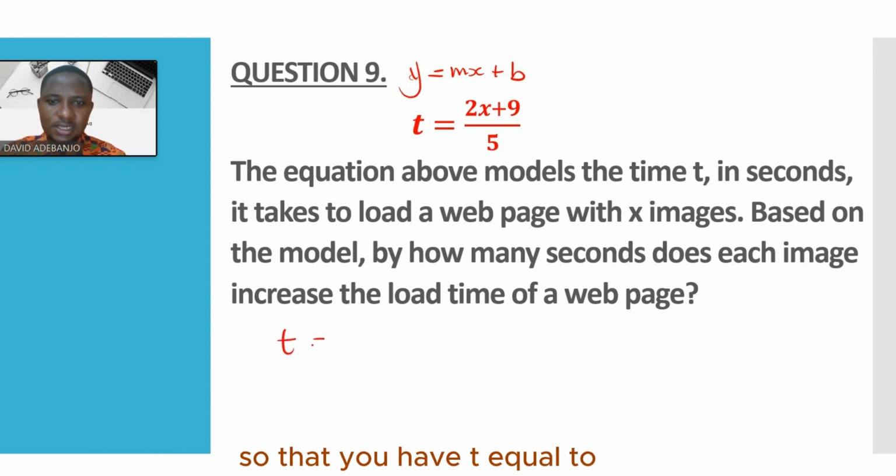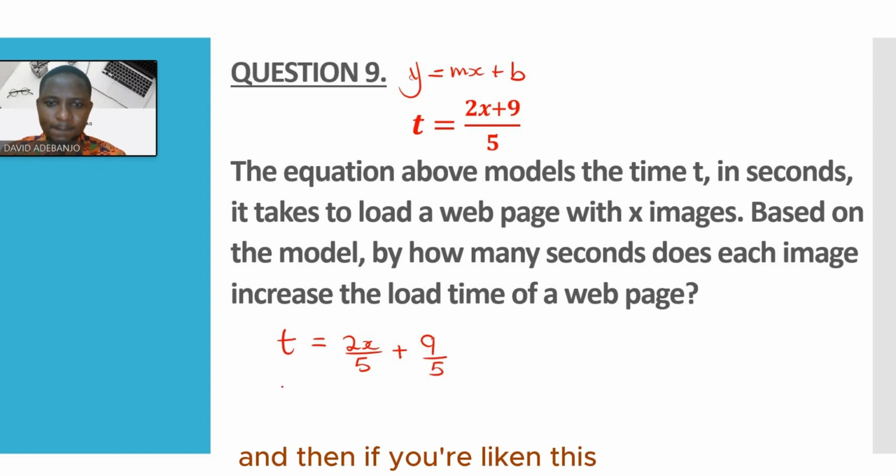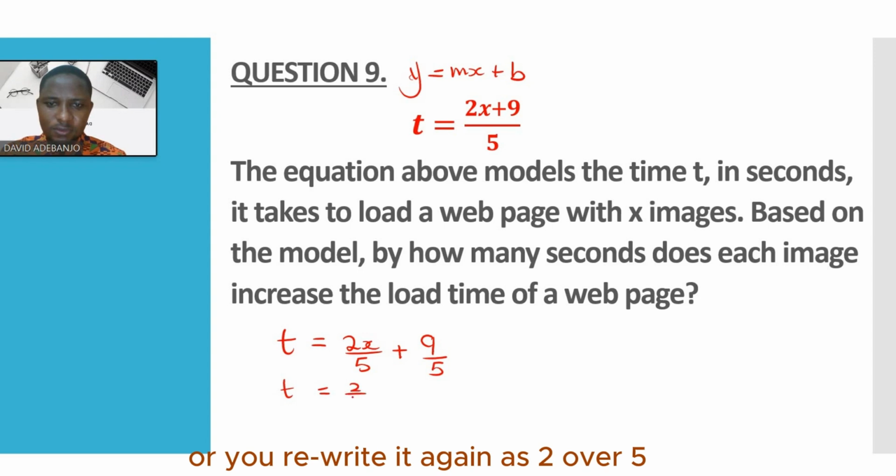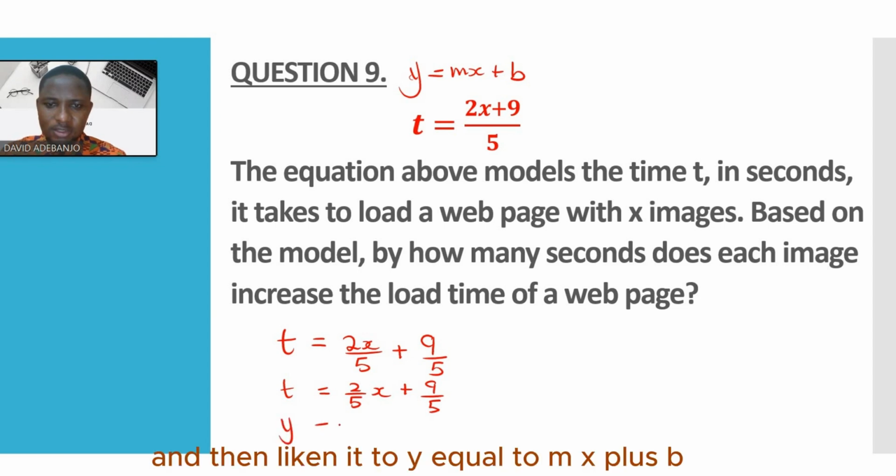So if you do just that, you can distribute this 5 over the 2 numerators so that you have t equal to 2x over 5 plus what? 9 over 5. Then you write it again as 2 over 5 x plus 9 over 5, and liken it to y equal to mx plus b.